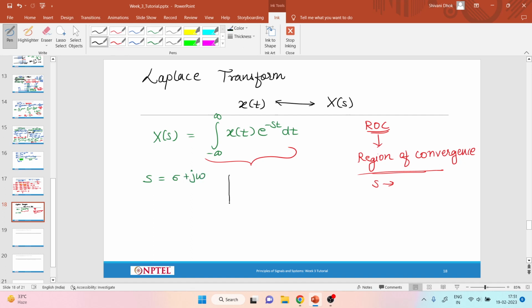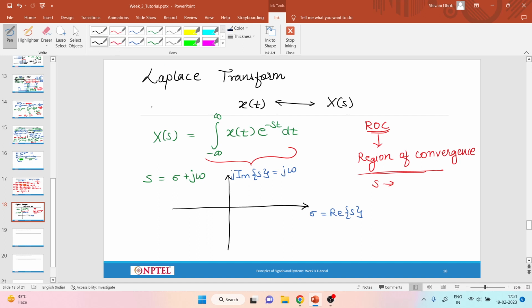So this s is not a scalar, it is a complex quantity, a two-dimensional quantity, and therefore we will have an s plane. That is, we'll have sigma, the real part of s, and its imaginary part, j omega, or j times the imaginary part of s, and some region in this s plane.